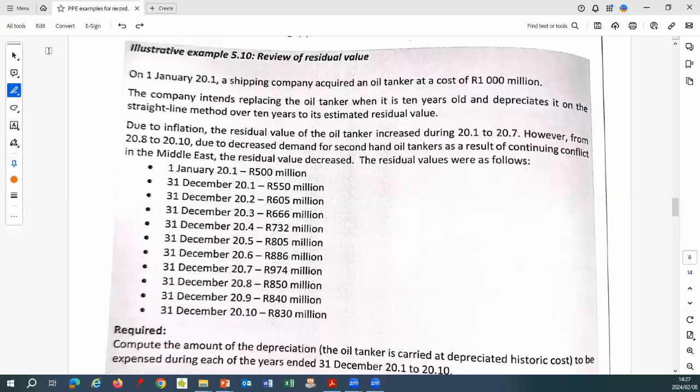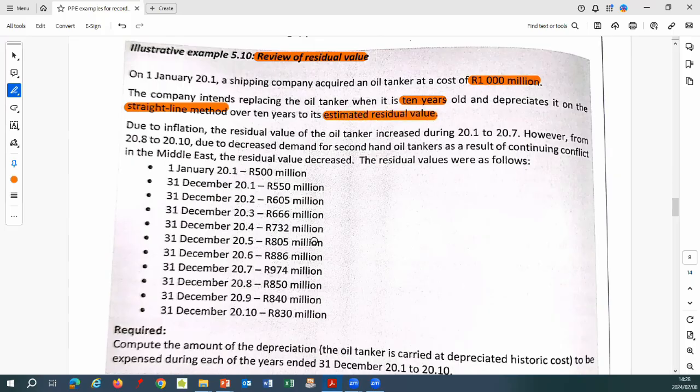And looking at an illustrative example 5.10, we have a review of the residual value. So we have acquired an oil tanker at a cost of 1,000 million. They anticipated a useful life of 10 years using a straight line method, and they estimate its residual value annually.